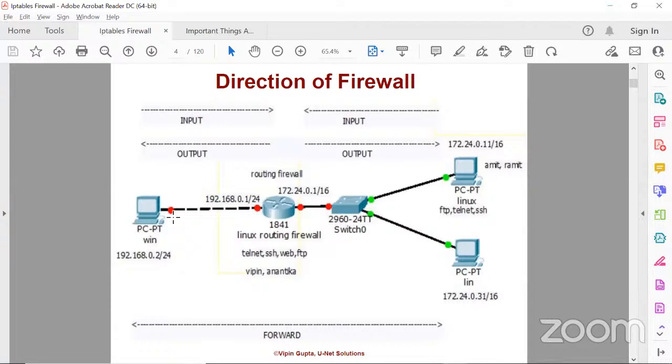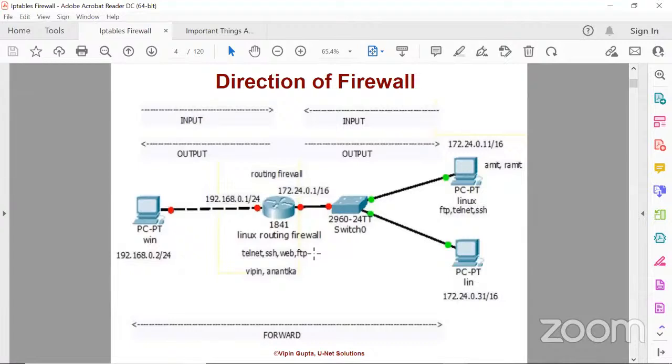Now in this fifth task, I want that this system, the .11 system, should not be able to ping this system. Please remember what I want. So that means now we want to block the ping. So let us see what is going to happen. And please remember, when we write this rule, it is going to test your networking knowledge also.